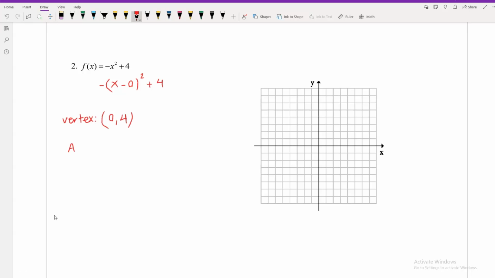Here, axis of symmetry, x is 0, and a is negative 1, the coefficient of x squared, so it's negative 1, and that is less than 0, so this is downward, or we can write opens down. And then graph. So the vertex is 0, 4.